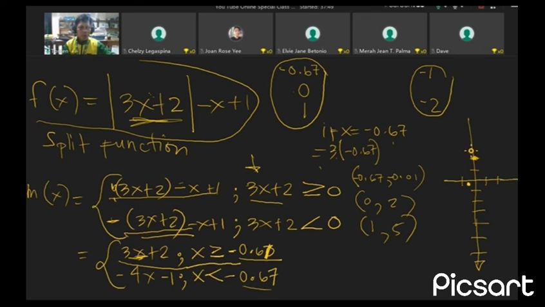Then 1, 2, 3, 4, 5. And our graph is this one. For the positive side, this is the graph.